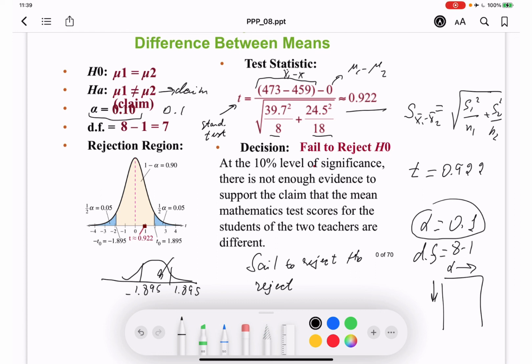We reject our claim. And with the verbiage support, we say at the 10% level of significance, there is not enough evidence to support the claim that mean mathematics test scores for the students of the two teachers are different. Okay.